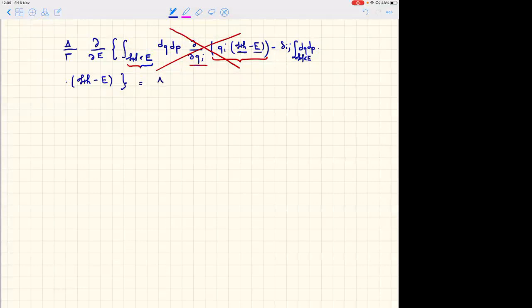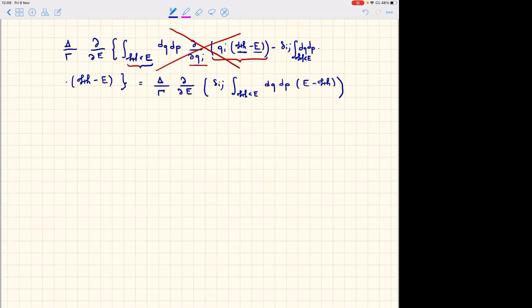Therefore, the final result is delta over gamma, dE of delta ij, integral for H smaller than E dq dp, E minus H. Right.